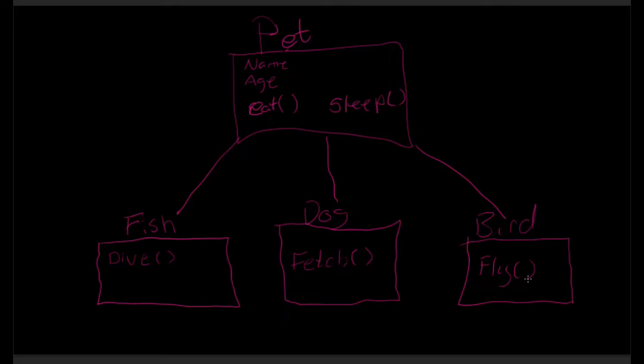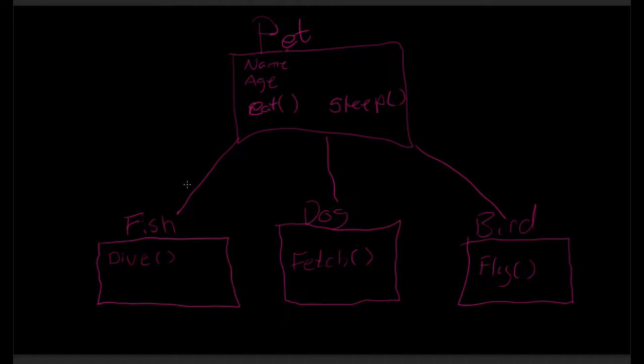So we have three very distinct types of pets, and they all inherit the main attributes of a pet, because a dog, a fish, and a bird can have a name. They definitely have an age. They can all eat and they can all sleep. But they have their own things: a bird doesn't necessarily fetch, a dog doesn't necessarily dive, a fish doesn't fetch, and a fish doesn't fly.